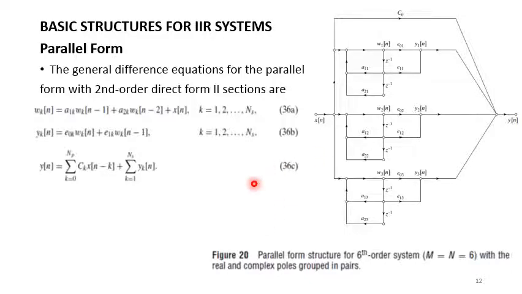Like the example of the sixth order system, where we had second order sections one after another. That's why we call them cascade, because they are in series. Expressing the system function in partial fraction form, we obtain the parallel form, where we simply add all the sections.